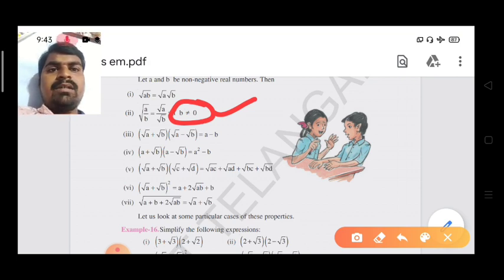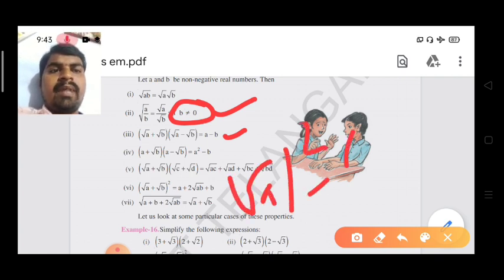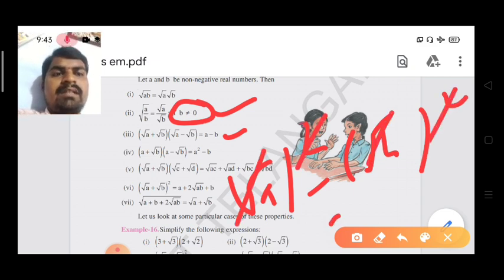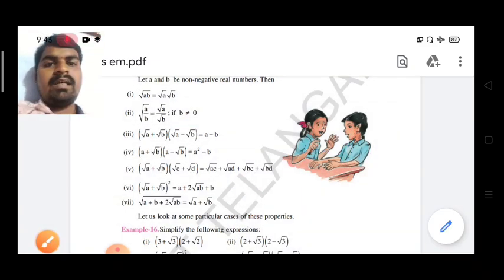The third: root A plus root B of root A minus root B. We learned yesterday A plus B of A minus B equals A square minus B square. If you apply it here, under root A square minus under root B square, the square roots get cancelled. So the answer is A minus B.